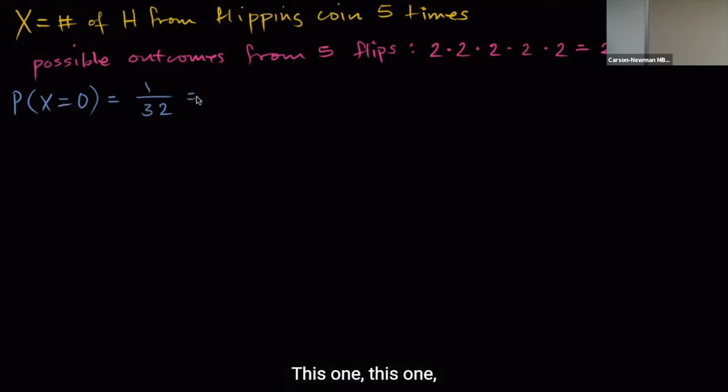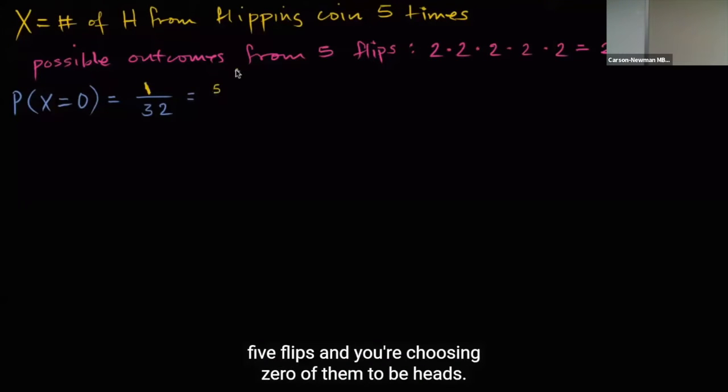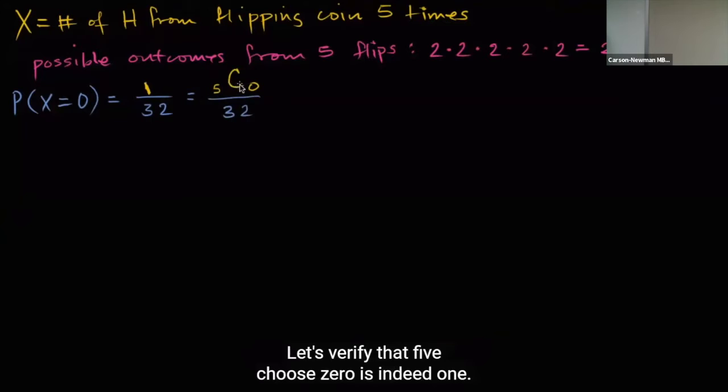So this one right over here. One way to think about that in combinatorics is that you had 5 flips and you're choosing 0 of them to be heads. And let's verify that 5 choose 0 is indeed 1.